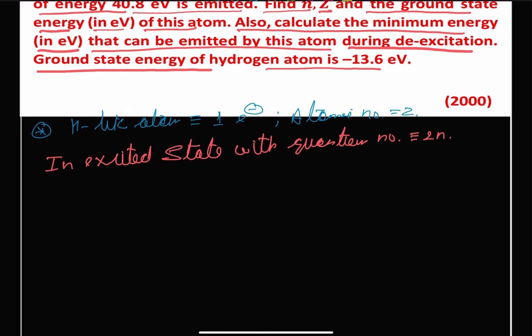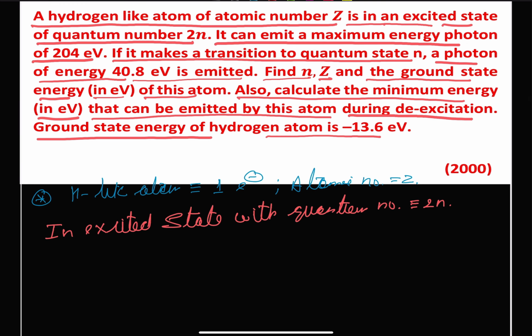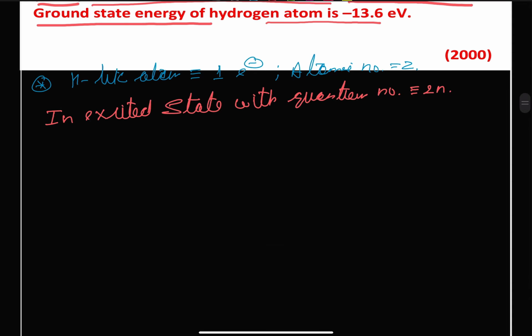And it is also given that the maximum energy of the photon is 204 electron volt.